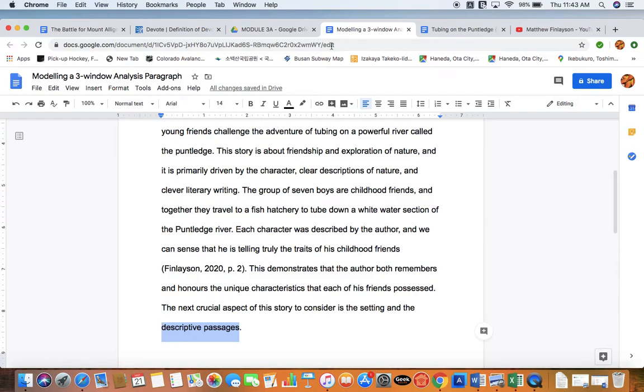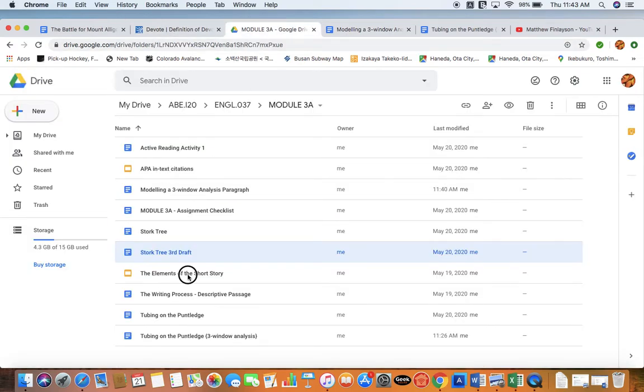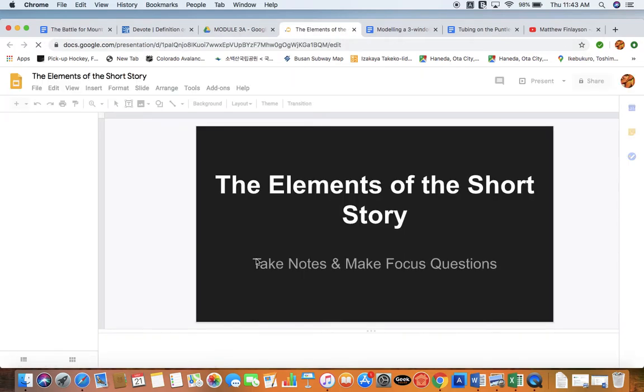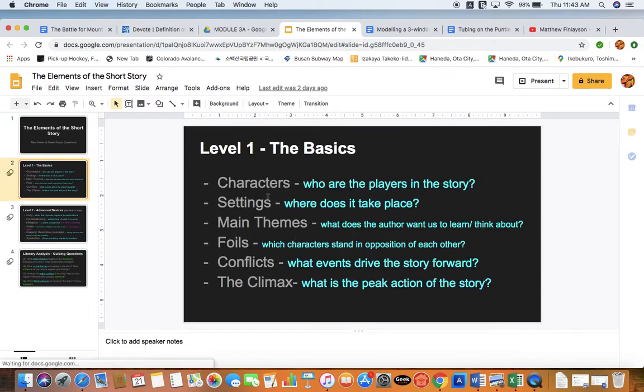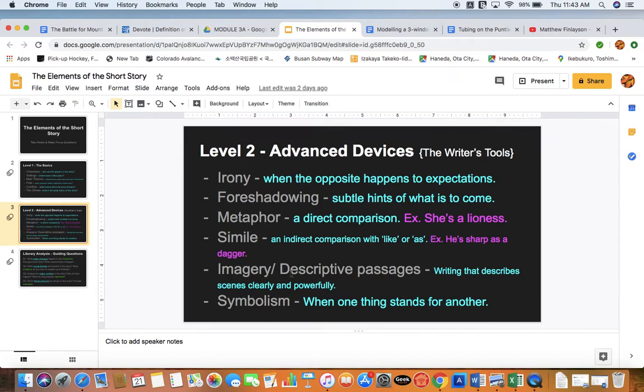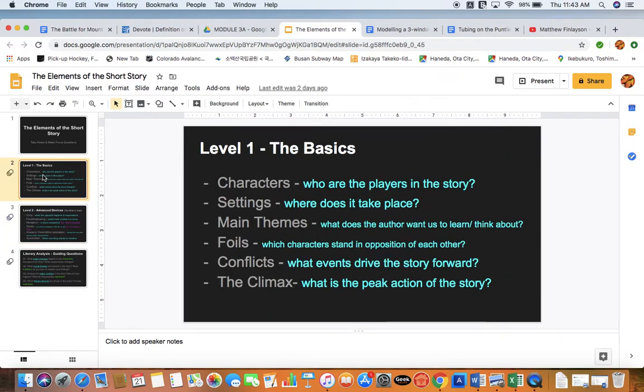Now technically, if we were to go back to our short story elements, you'll notice that here are the level 1, and here are the level 2. Now, in truth, separating these into levels is more or less an arbitrary thing that I have done, right?